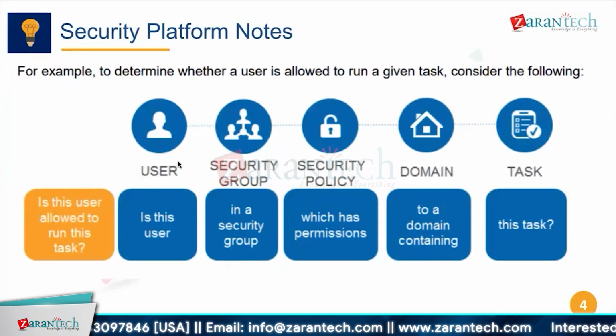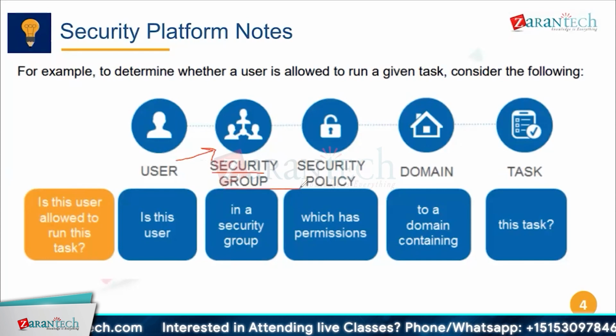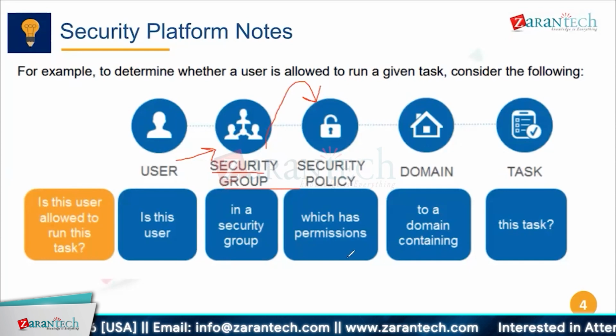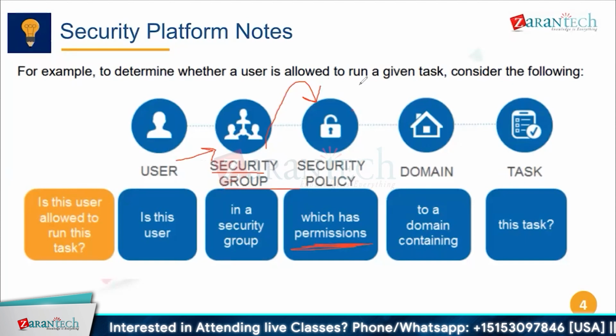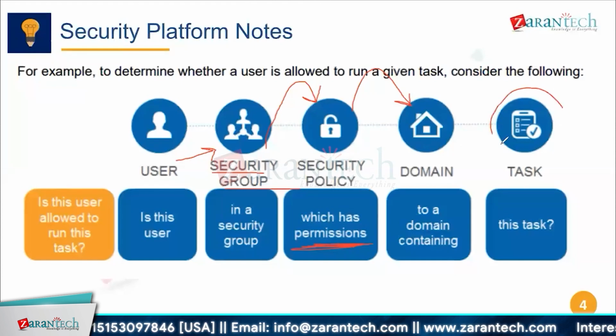So we first look at the user and then check which security group that user is associated with, right? And then we check that security group to be a member of which security policy. Basically, the security policies are giving them the permissions, right? And then we look at the domain to which this task is secured.